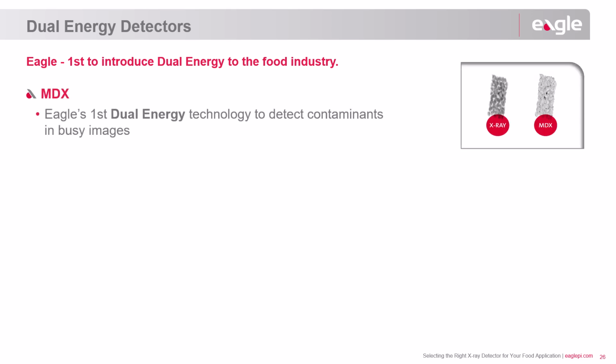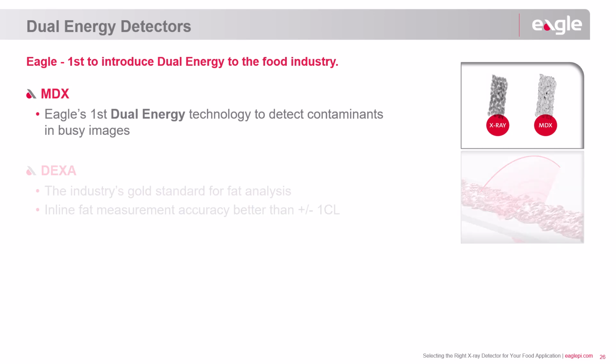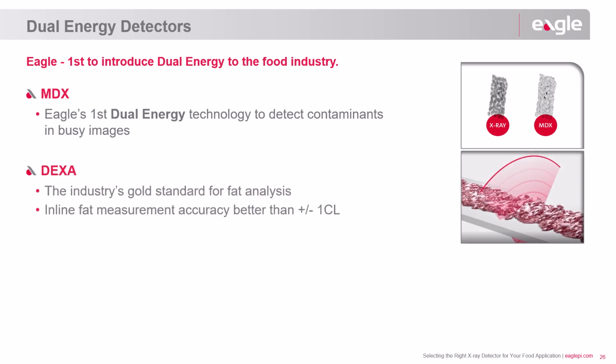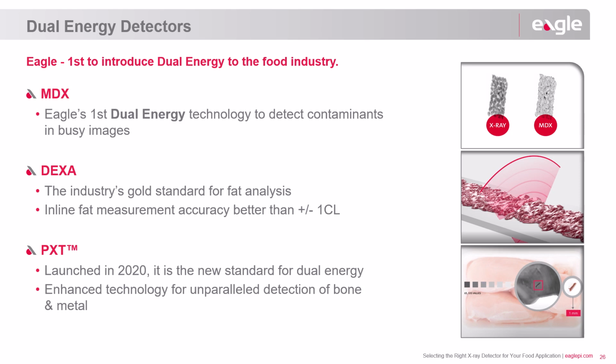Eagle's proprietary technology, known as Material Discrimination X-ray, or MDX for short, exemplifies this approach. In parallel, you also encounter the term DEXA, a medical acronym for dual-energy X-ray absorptiometry, which is used to analyze various material types based on their atomic composition. Additionally, the system referred to as PXT integrates dual-energy technology with time delay integration and multispectral data, further enhancing image analysis and material discrimination.